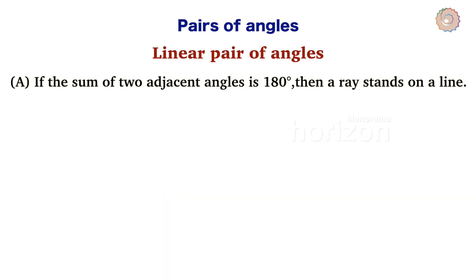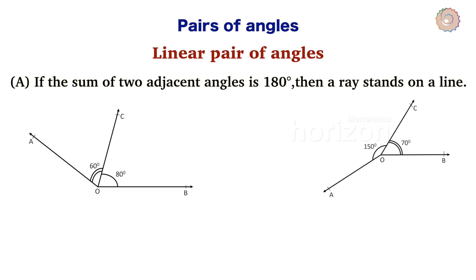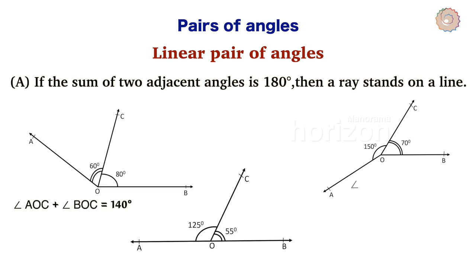We had drawn the adjacent angles 80 degrees and 60 degrees, 70 degrees and 150 degrees, and 125 degrees and 55 degrees. The sum of each pair of adjacent angles is 140 degrees, 220 degrees and 180 degrees respectively.